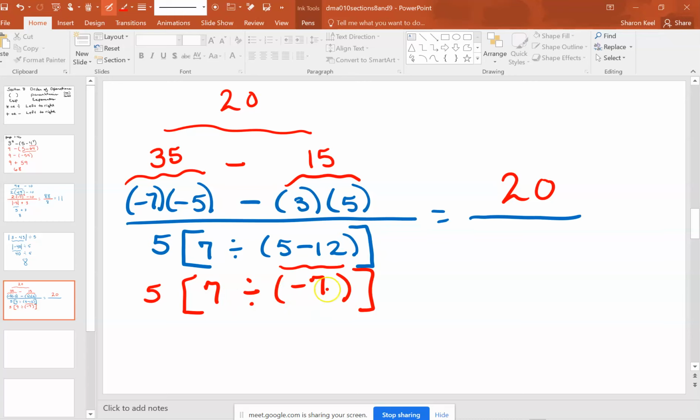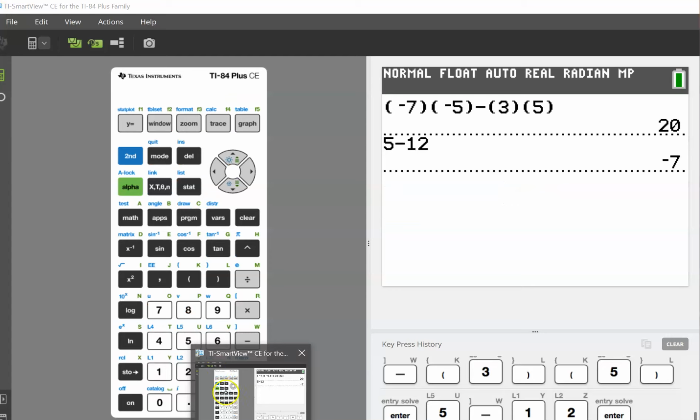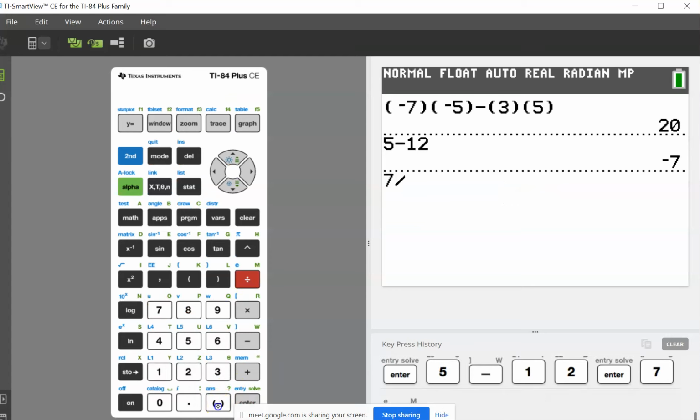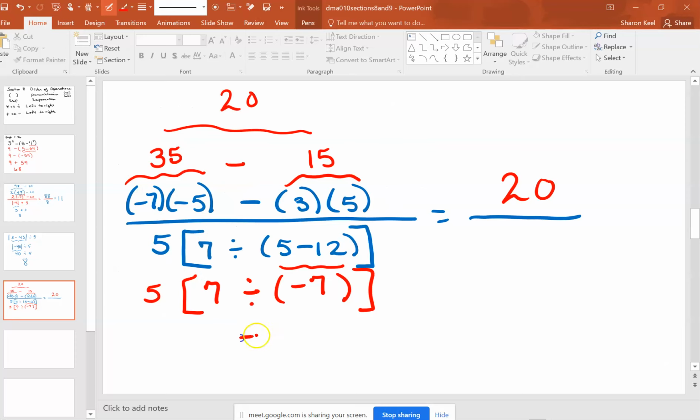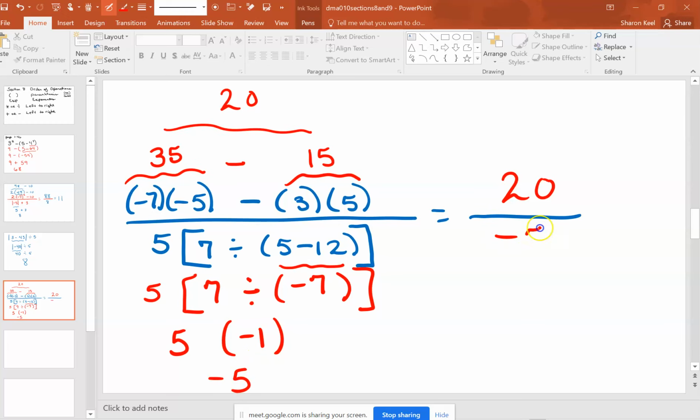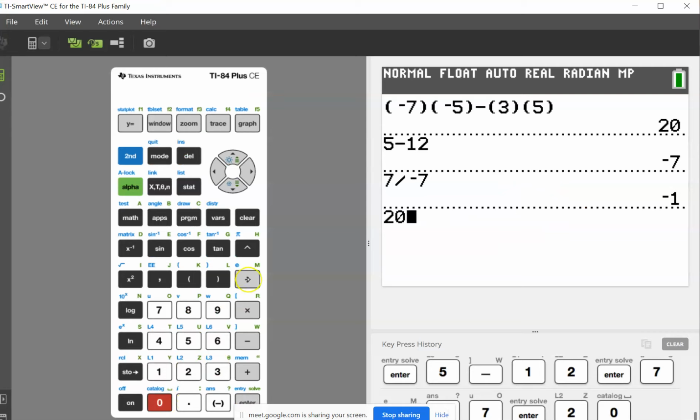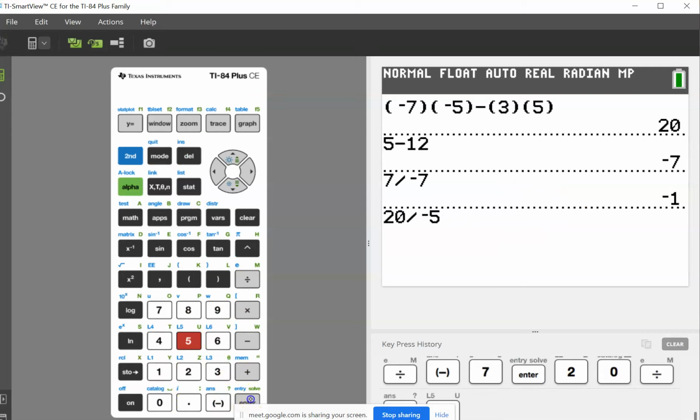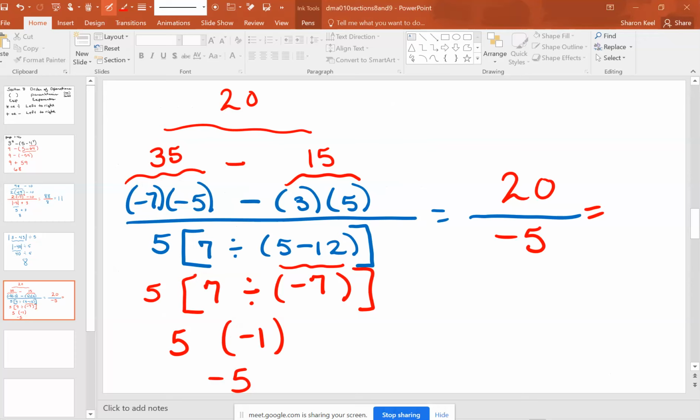Now within this bracket is 7 divided by -7. So 7 divided by -7 gives us a -1. And I now have 5 times -1, which gives me a -5. To get your final answer, you're going to do 20 divided by -5, and that's going to give you a -4. So -4 would be your final solution.